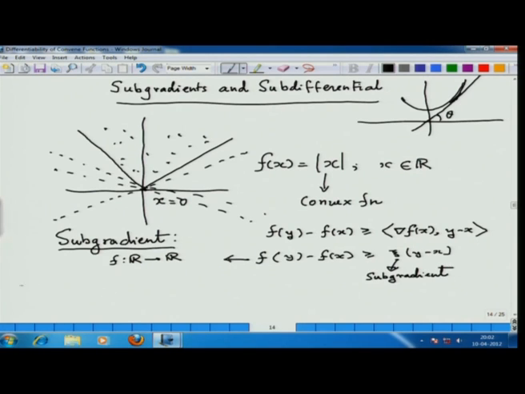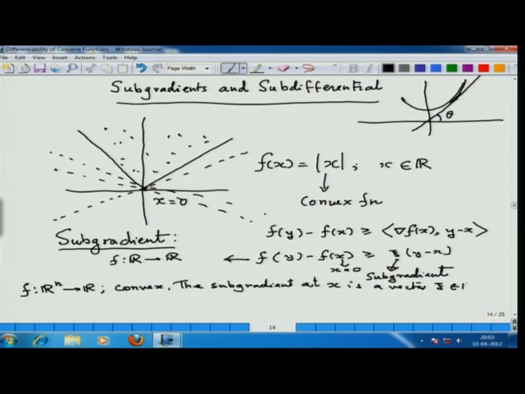So, in general, when you come to a function from Rn to R which is convex, here the x I am talking about is x equal to 0, because I am looking only at the tangents at 0. The subgradient at x is a vector xi in Rn.